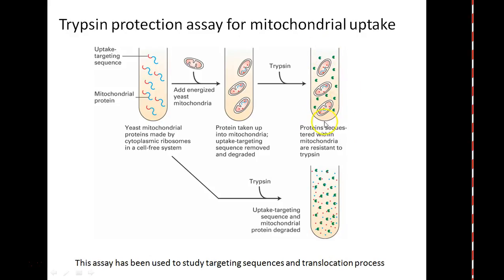Then you can work with the mitochondria, isolate or purify your protein of interest, and even test where it went. This assay was very helpful in studying all of those sequences, what is necessary for the protein to be targeted into the mitochondria, how much of the sequence we need, 5 amino acids, 20. So this was a very important assay.